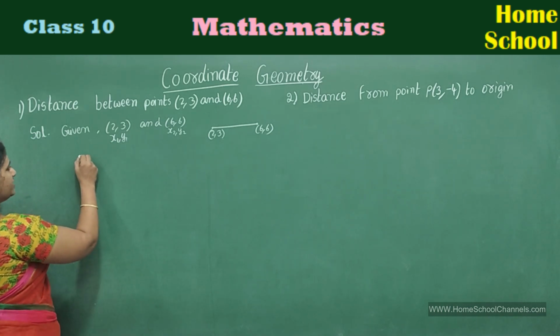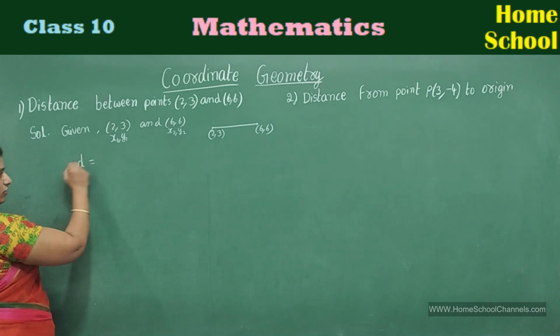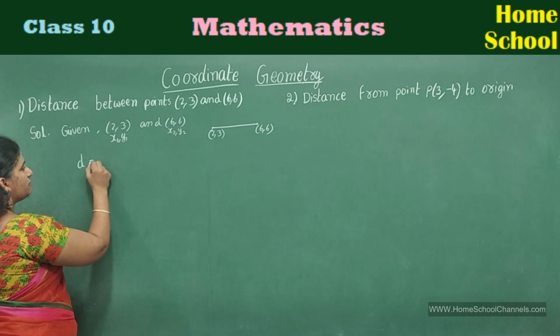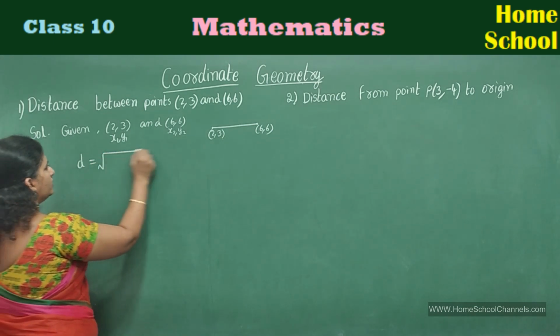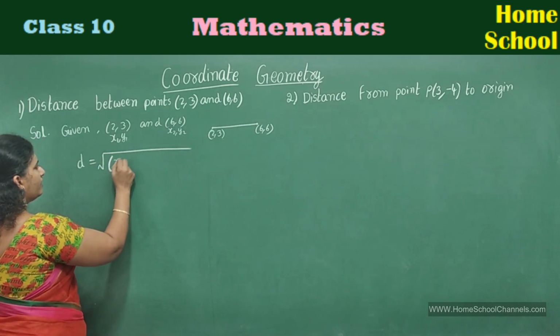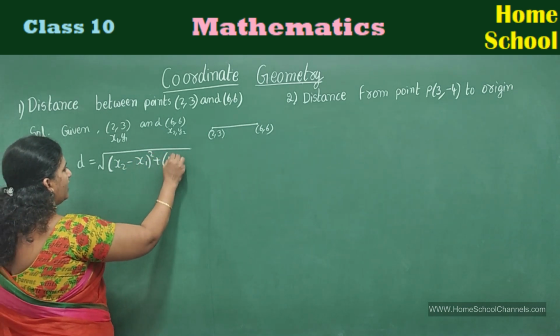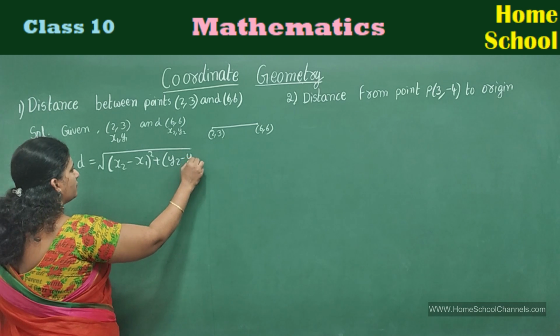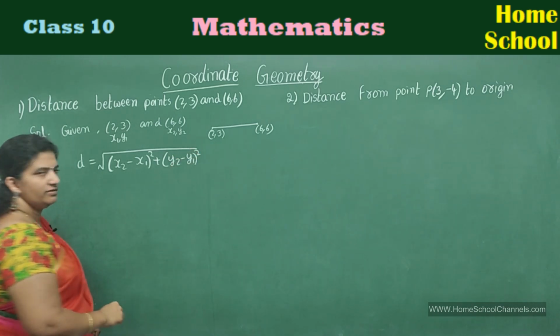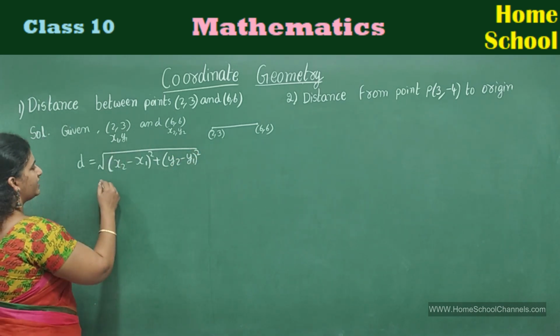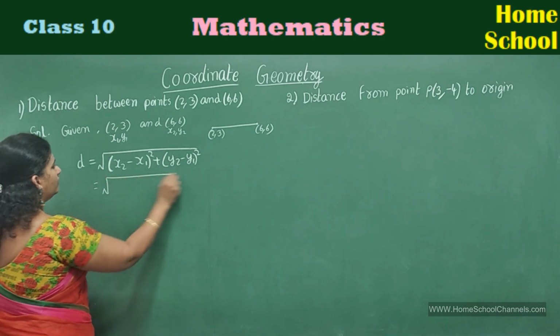What is the distance formula? We know the distance formula: small d is equal to square root of (x2 minus x1) whole square plus (y2 minus y1) whole square. Substitute the x1, x2, y1, y2 values here.